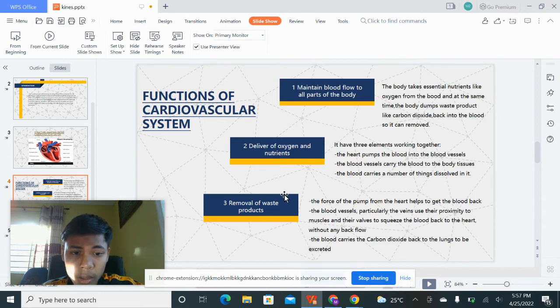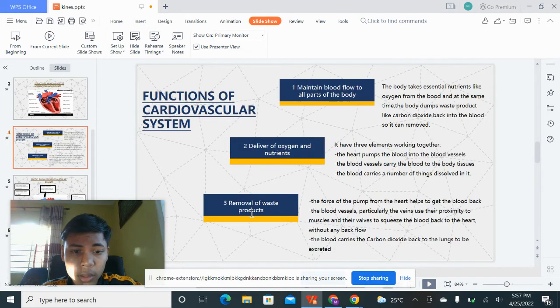The next function is removal of waste product. The force of pump from the heart has to get the blood back. The blood vessel, particularly the veins, use their proximity to muscle and their valve to squeeze the blood back to the heart without any backflow.